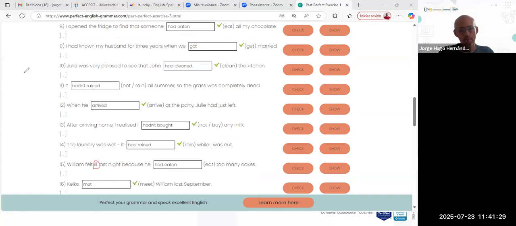You can say, for example, I am or I'm ill, okay? Or you can say, I'm sick, okay? Sick. When you don't feel okay, when you don't feel right, you say, I'm ill, no? I'm sick. I have fever, I have a headache, so I am ill or I am sick, okay? So in this case, William felt ill, no? William was ill last night because he had eaten too many cakes, too many cakes.